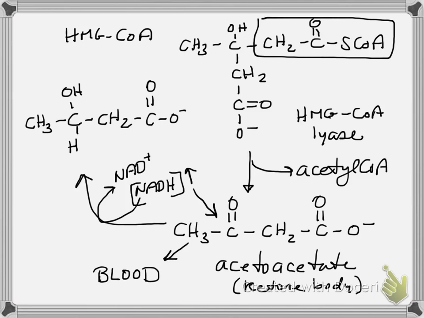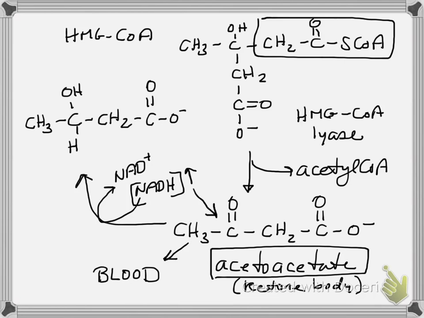And so by taking this molecule of acetoacetate, which is essentially two acetyl-CoA groups, and putting it out into the blood, we're not taking advantage of the possibility of reducing this carbon.